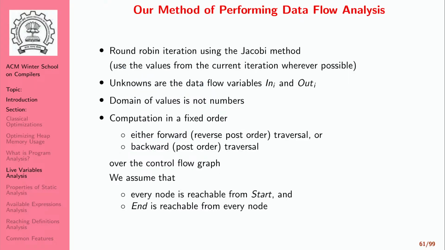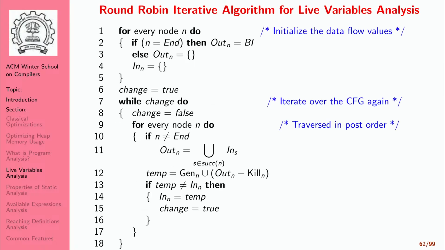So this is the algorithm, the round robin iterative algorithm. It's basically what you are doing. You initialize everything to empty set and then while there is a change, you iterate over the graph completely.